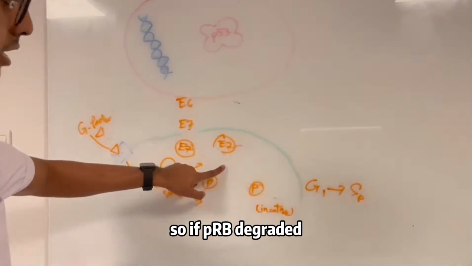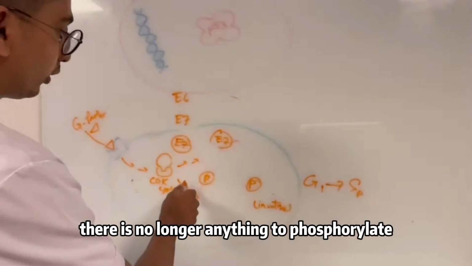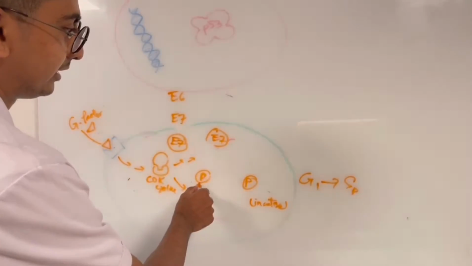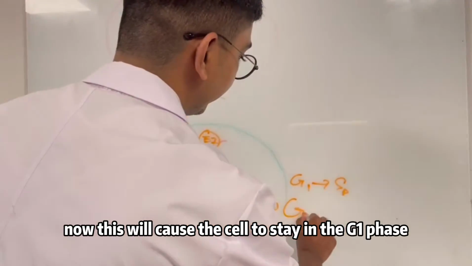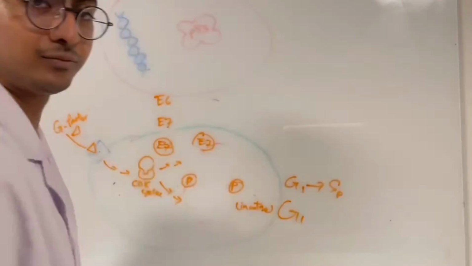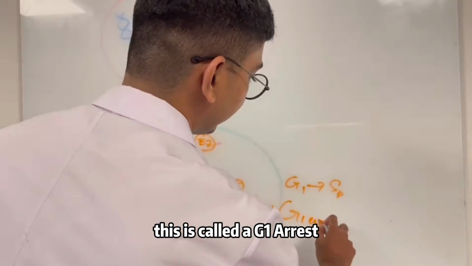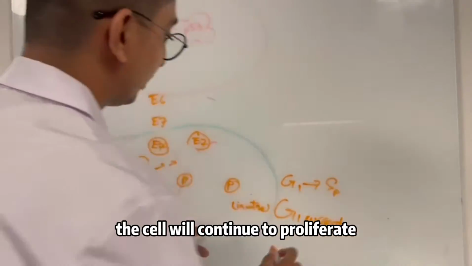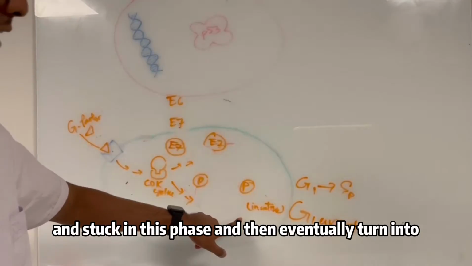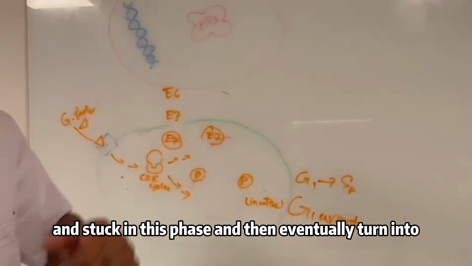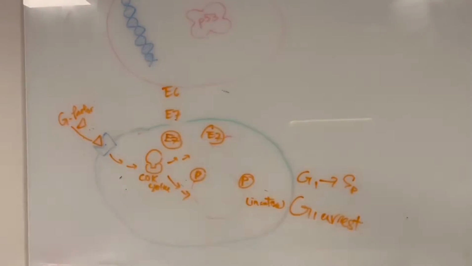If pRB is degraded, there is no longer anything to phosphorylate. This will cause the cell to stay in the G1 phase. This is called G1 arrest. The cell will continue to proliferate and be stuck in this phase, and then eventually turn into a cancer cell.